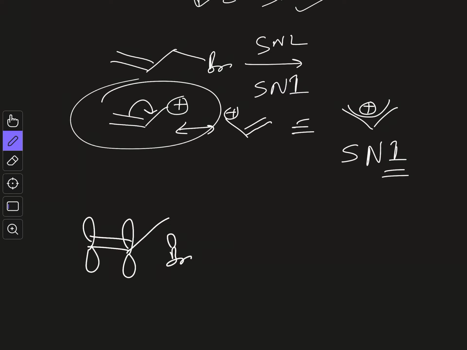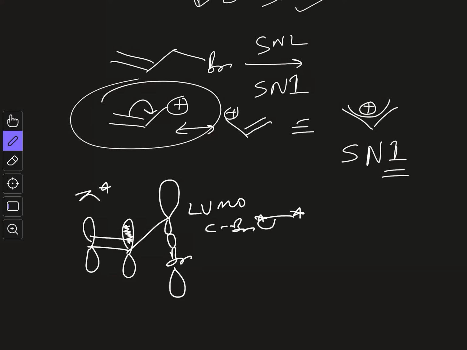So this has the LUMO like this. Now this LUMO, that is the C-Br sigma star, can interact with the pi star. This carbonyl group will have a pi star, and this has this sigma star like this. So this sigma star and this pi star can interact.